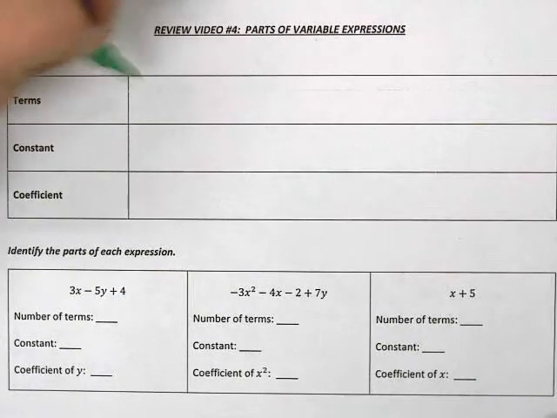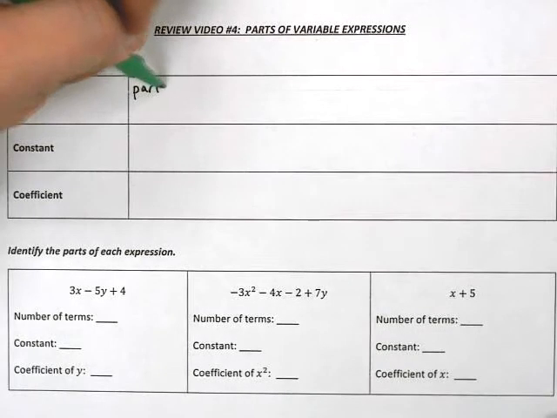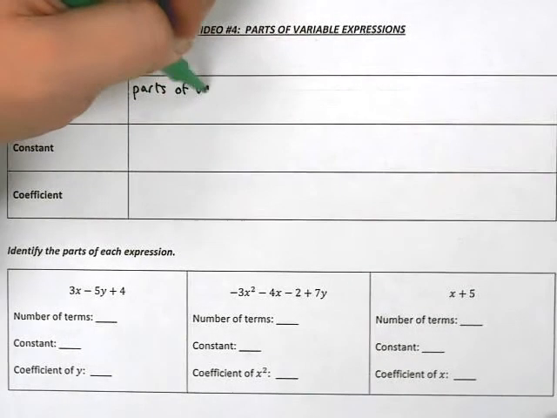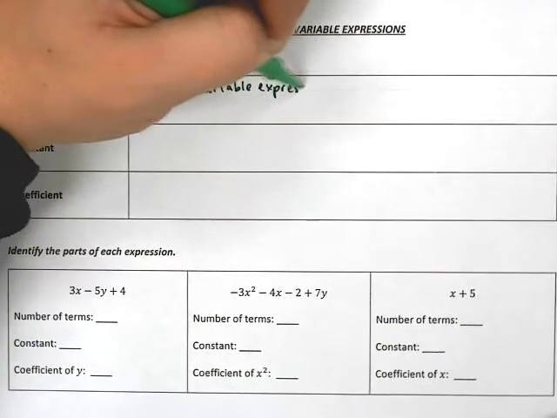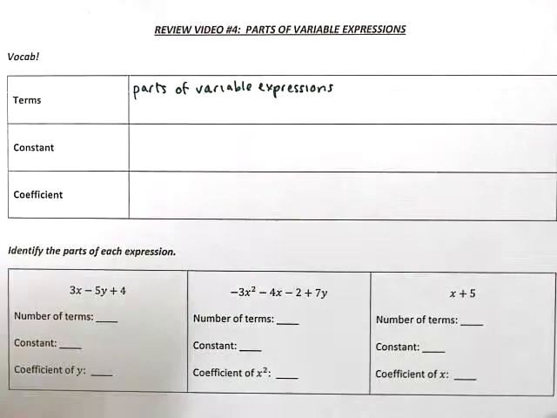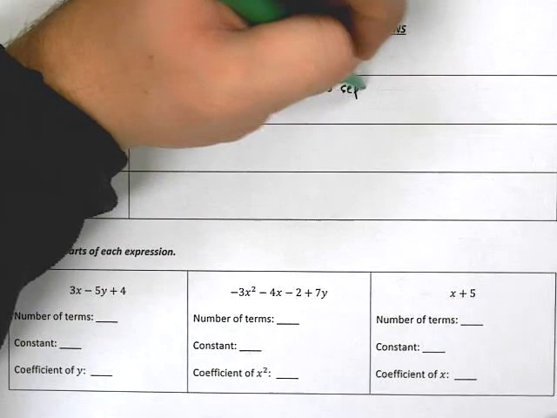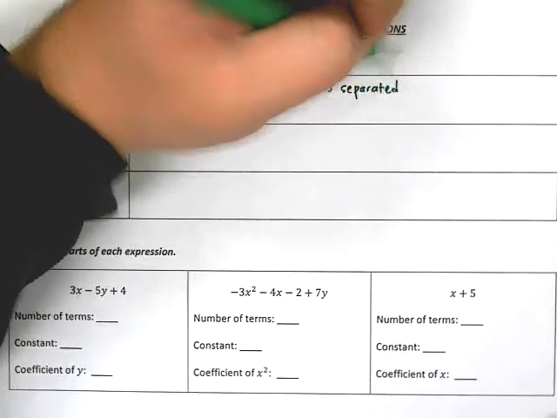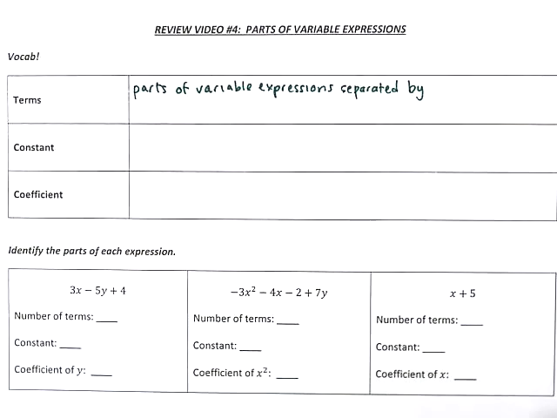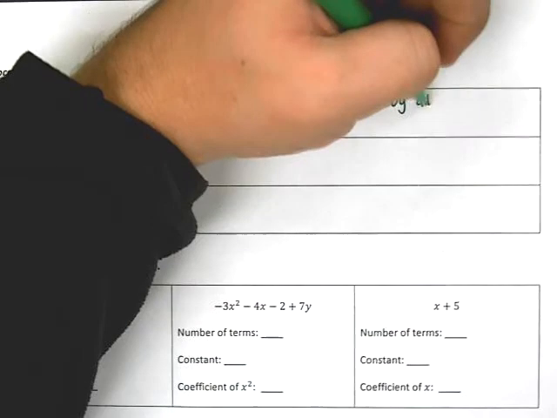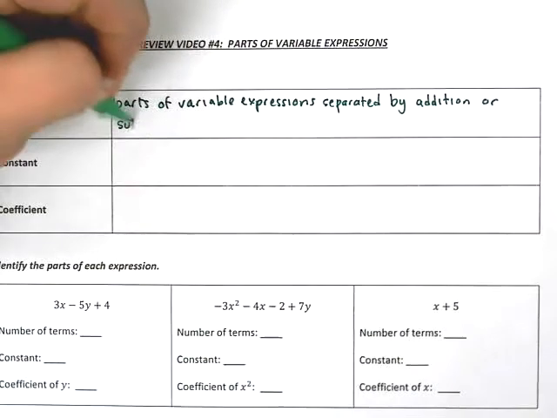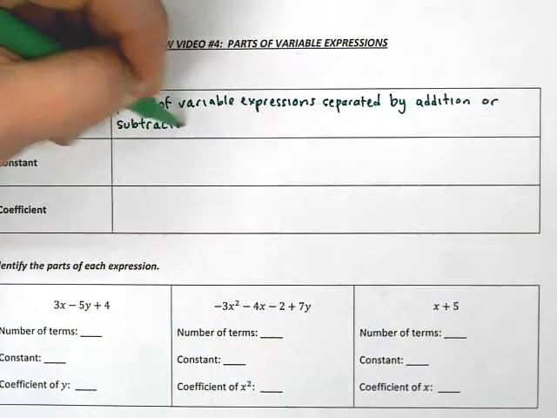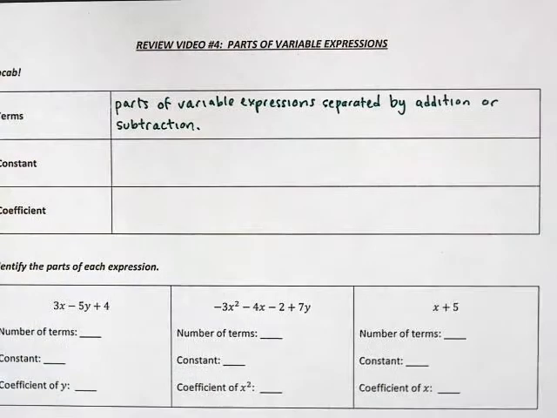Terms are the parts of variable expressions separated by addition or subtraction. Okay, the parts of the variable expression separated by addition or subtraction.